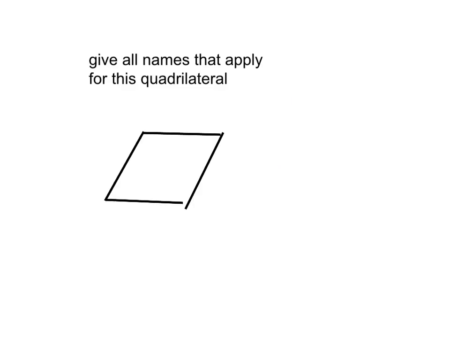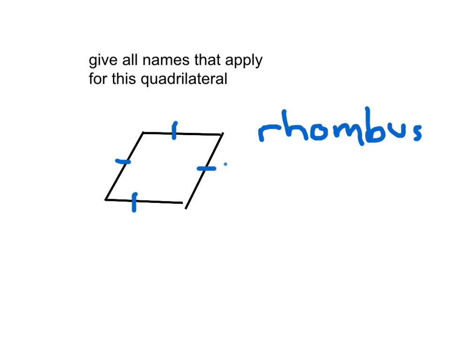Alright, you're going to give all names that apply for this quadrilateral as well. This is a rhombus. We have each of these sides which is the same length, so we'll indicate that right there on the figure. We also have 2 sets of parallel sides, so this would be a parallelogram.